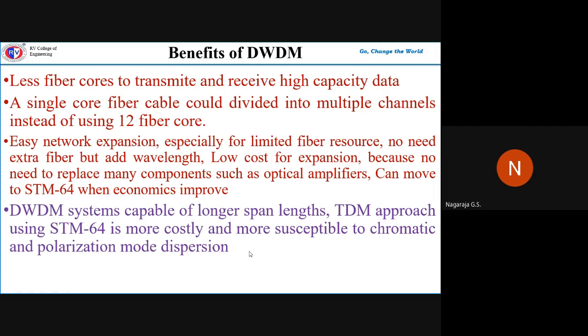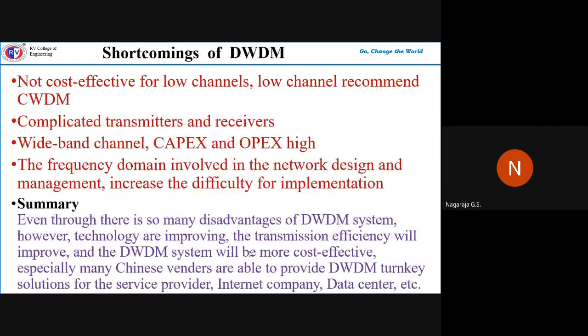Coming to the limitations, the shortcomings of WDM: it is not cost effective for low channel counts. For low channel counts, CWDM is recommended. CWDM is coarse wavelength division multiplexing. It is nothing but WDM itself. Then there are complicated transmitters and receivers, and that is the issue here.